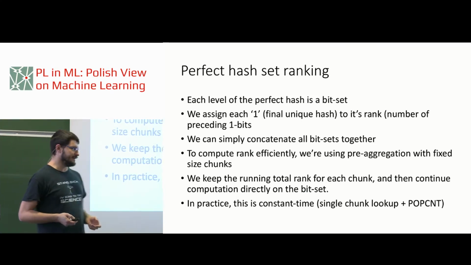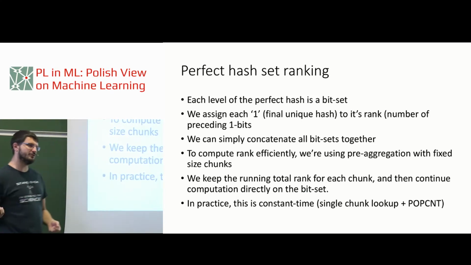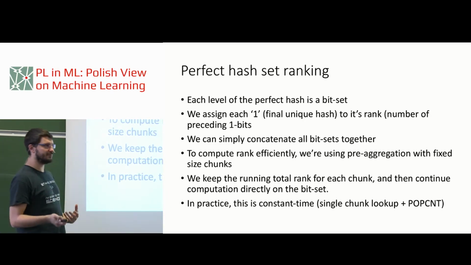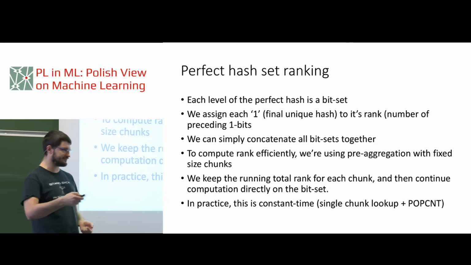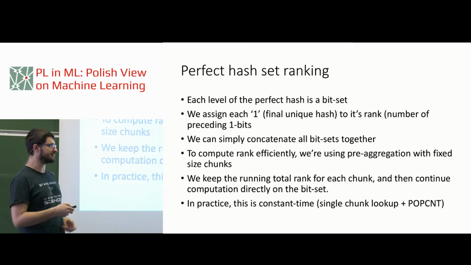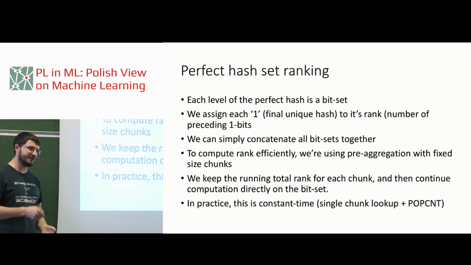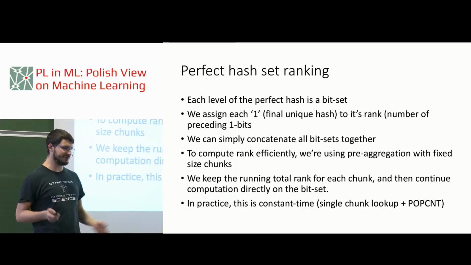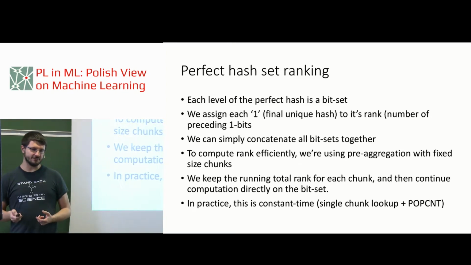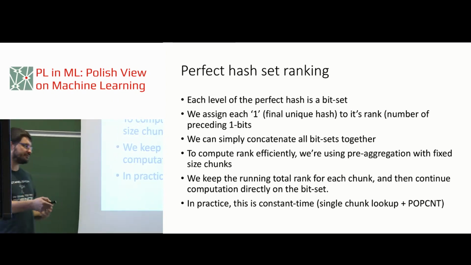Instead of iterating over the whole bit set, we keep a lookup table which tells us that from the start to some chunk-size index, the count of bits is x, and we keep those pre-accumulated counts for all of the chunks that we have.